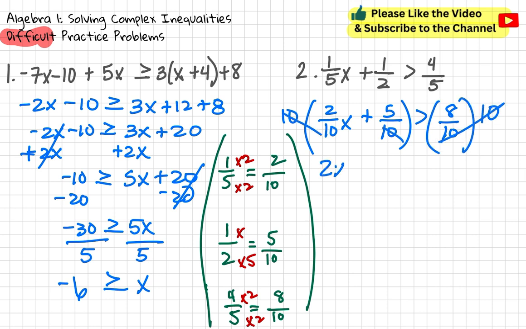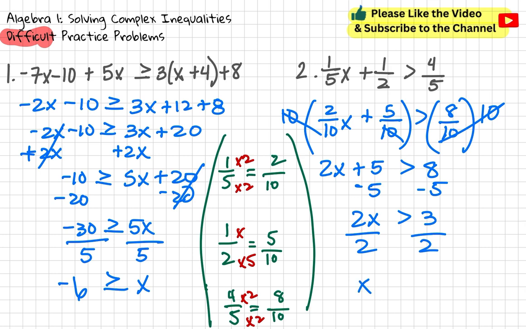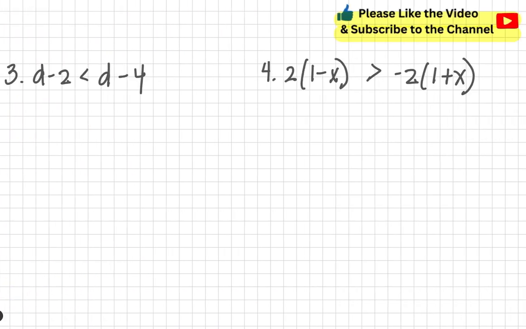Now it becomes 2x plus 5 greater than 8. Isolate the variable by moving things away from it. 3 divided by 2, x is greater than 3 over 2. And you can also do 1 and 1/2. Either way is the right answer. They're just different ways of saying the same thing.